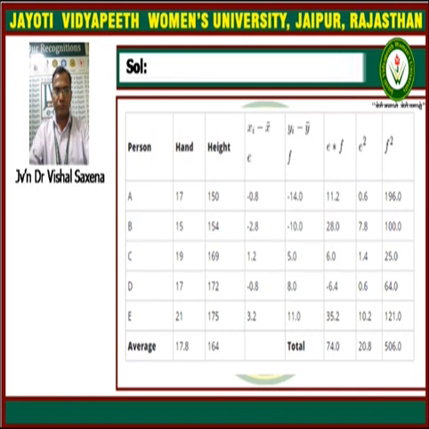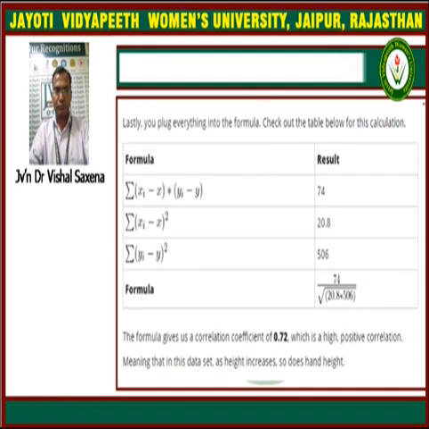In this way, first we find their averages by the simple mean formula, then their deviations, xi minus x bar, which is E, and yi minus y bar, which is F. Then we multiply E and F, then E square and F square, because these terms will be required for the formula of the correlation coefficient.